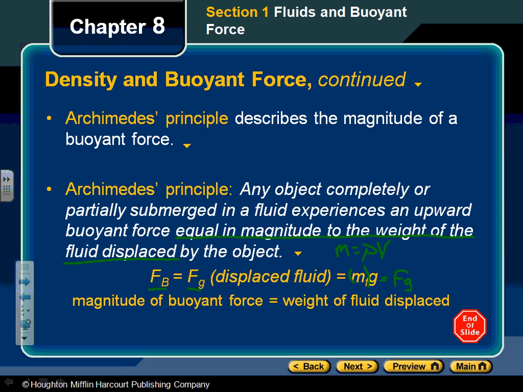That's an important substitution that we will be using later on. So keep that in mind. It's important to understand that you can get this mass by substituting.